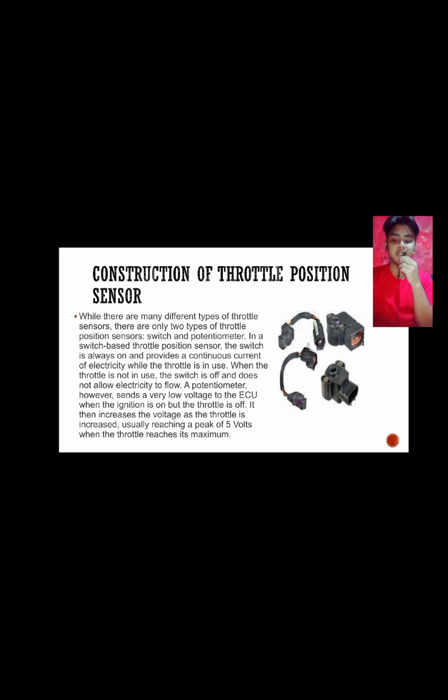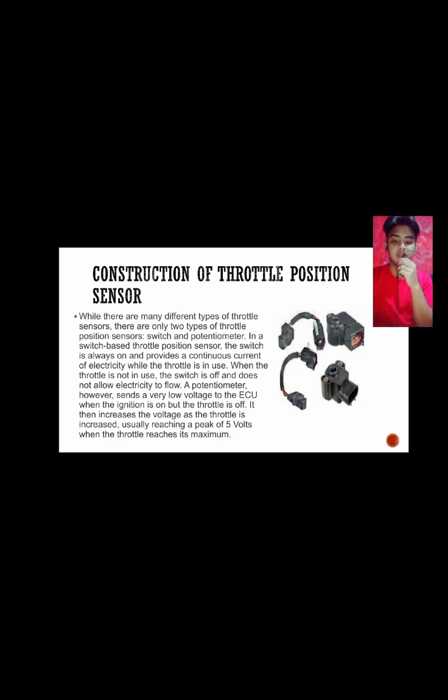Last is the construction. While there are many different types of throttle sensors, there are only two types of throttle position sensors: switch-based and potentiometer. In a switch-based throttle position sensor, the switch is on and provides a continuous current of electricity while the throttle is in use.